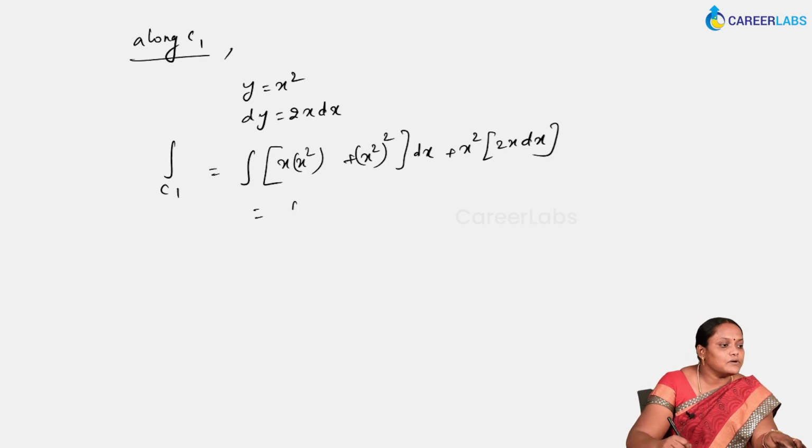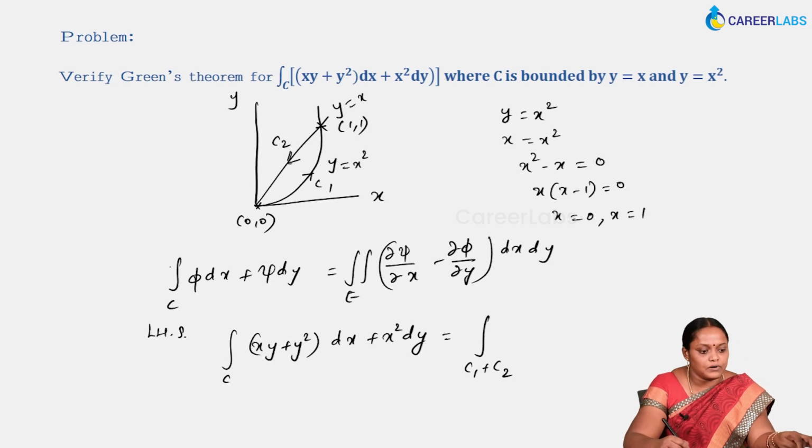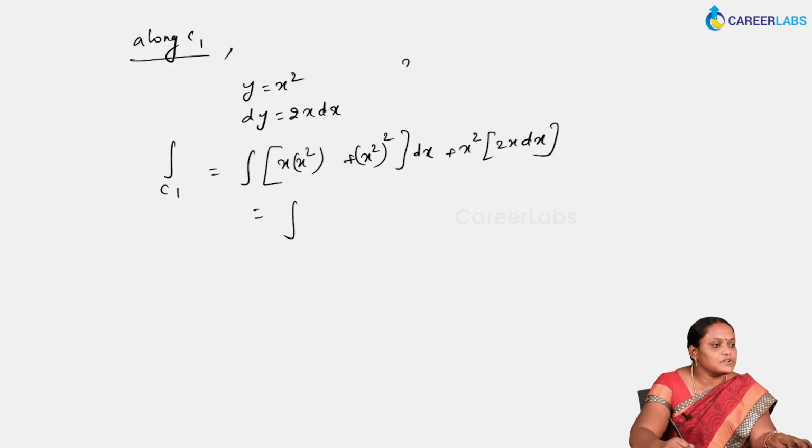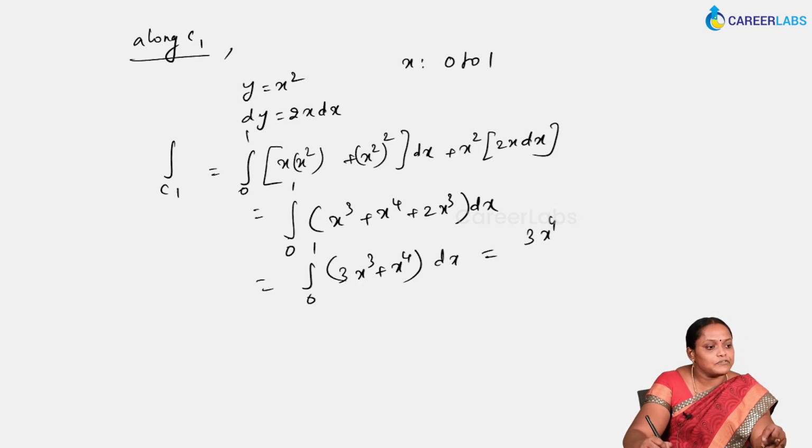What is the variation for x? x varies from 0 to 1, so the limit for x is from 0 to 1. So this is the integral from 0 to 1 of x cube plus x power 4 plus 2x cube, into dx, which is the integral from 0 to 1 of (3x cube plus x power 4) dx. When you integrate, this will be 3x power 4 divided by 4 plus x power 5 divided by 5 over the limit 0 to 1.